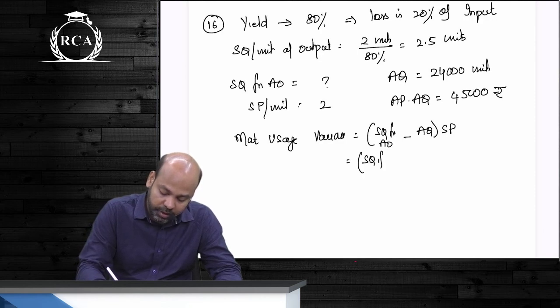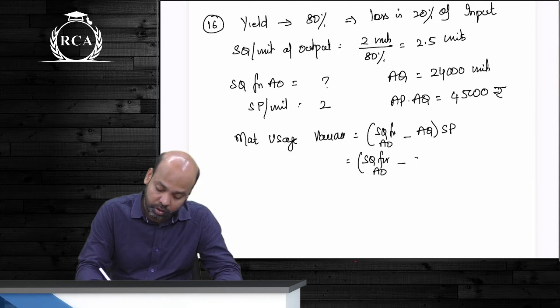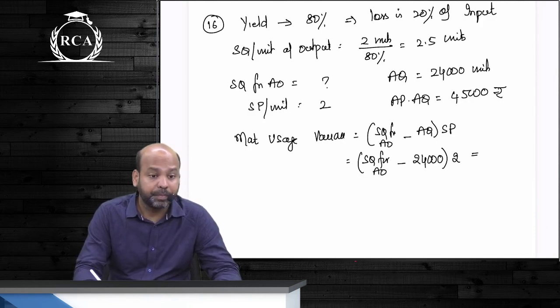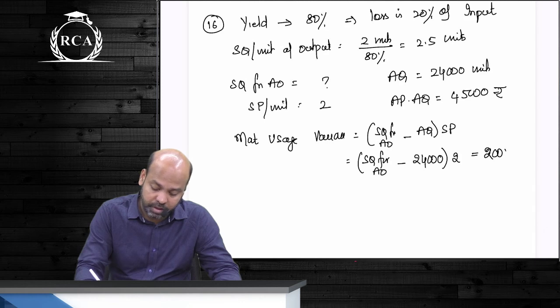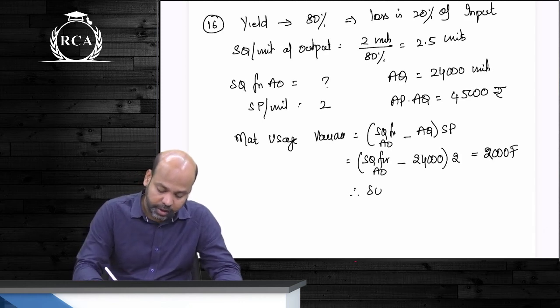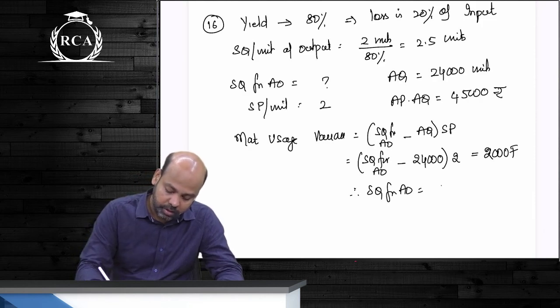SQ for AO is not known. Actual quantity is 24,000 into 2 rupees. This will be equal to what? 2000 favorable. Favorable means positive. Using this, you are going to get SQ for AO as 25,000 units.